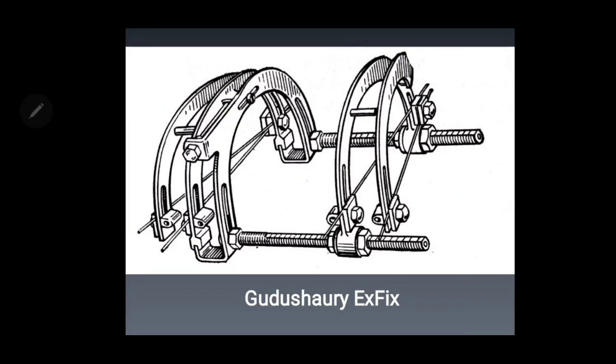There were many devices like that developed later. You see, this is the Hudushouri external fixator. It's like a semi-circular frame, and K-wires are used as well, but it's more comfortable because it goes only from one side of the limb, but of course it has some limitations.